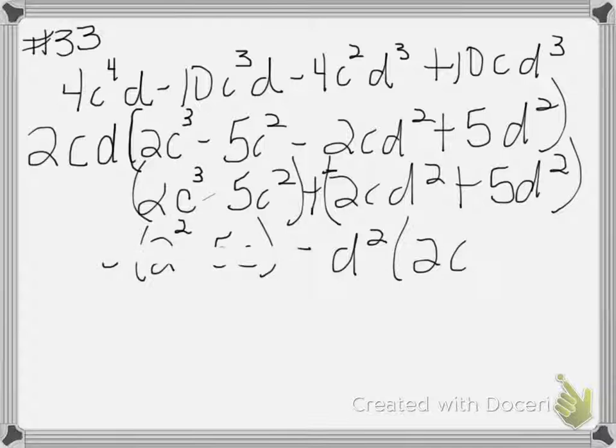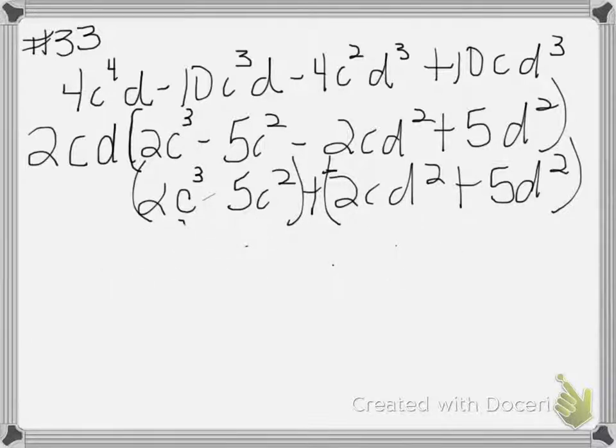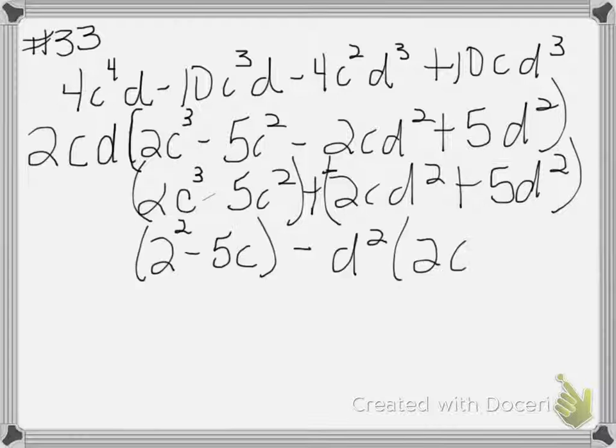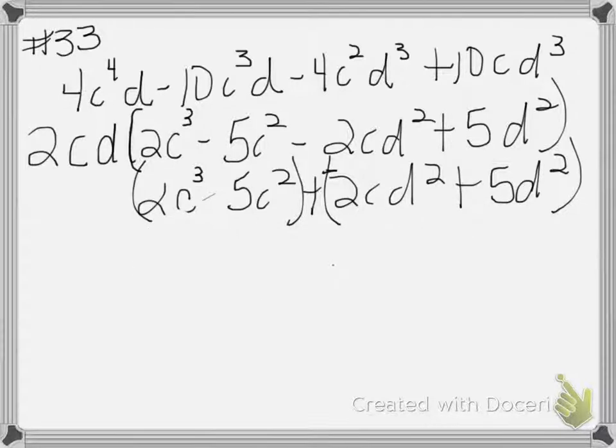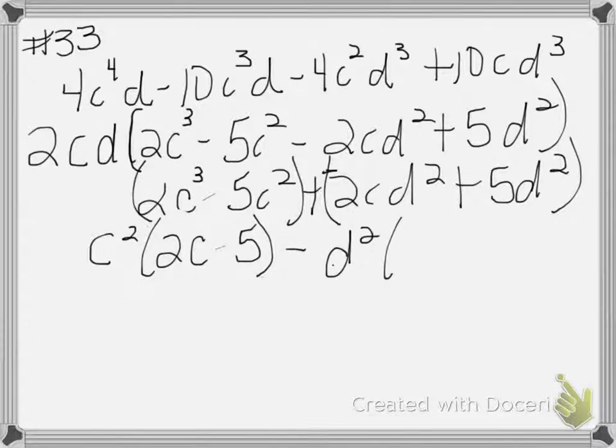Oh, let me back up right here. I'm going to factor out a c squared, and I get 2c minus 5. And then I'm going to factor out a d squared, and I get 2c minus 5.